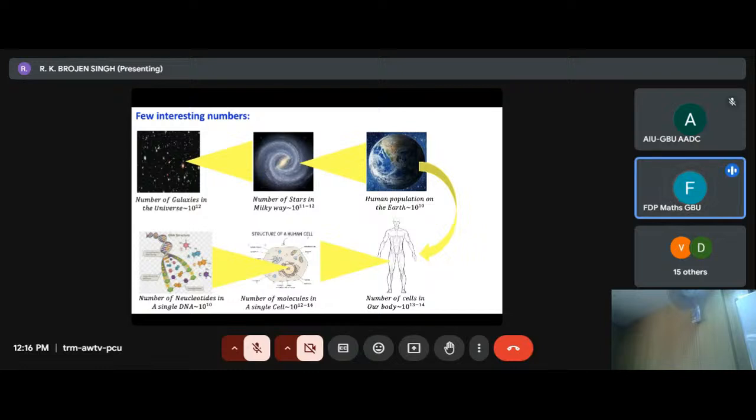Then why am I saying this particular stuff? It is that if you scale the number, from the largest scale you scale down, scale down, scale down, till the nucleus of the cell, the number is somehow small. What does that indicate?